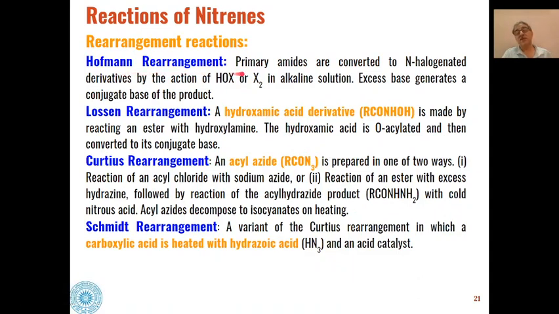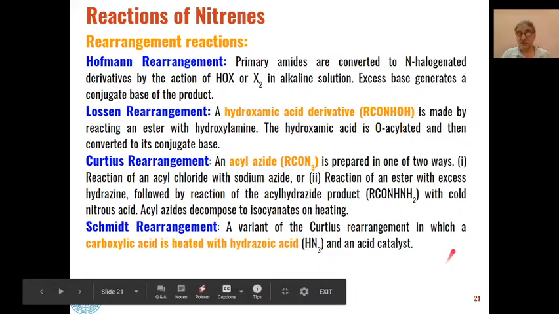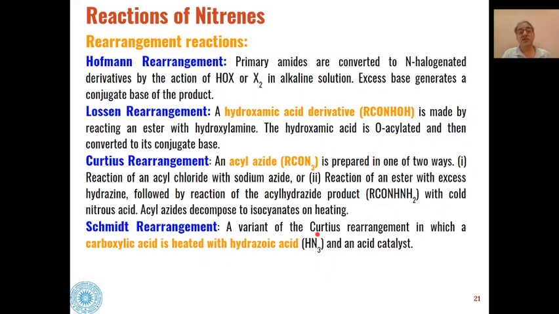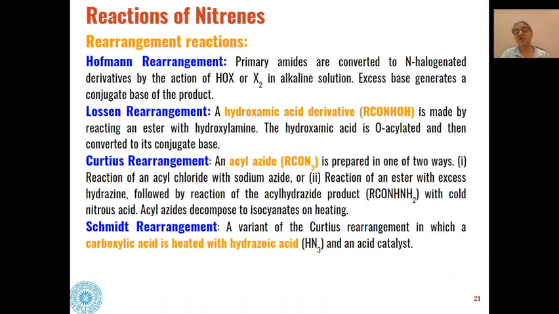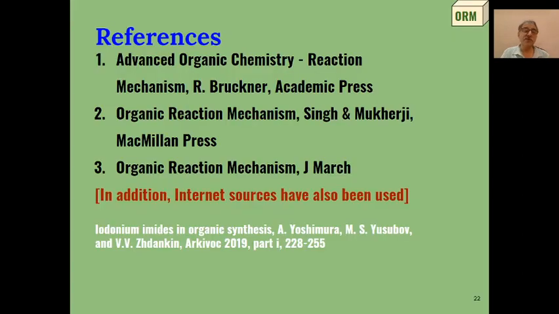But as far as this lecture is concerned, the only thing we need to remember is that all these four rearrangements have nitrenes as the intermediate in their mechanism for conversion from different starting materials to amines as the products, through isocyanates as another intermediate. Thank you very much.